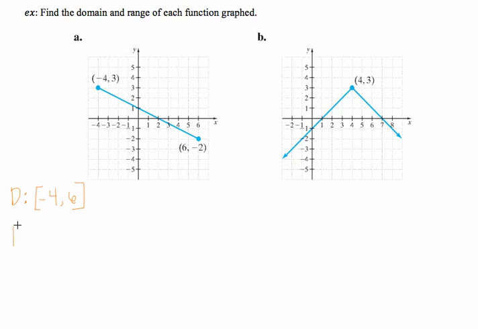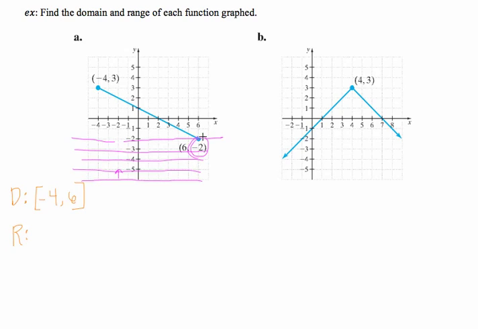And for the range, let's use the capital R to abbreviate range. That's the y values. So you're looking at the lowest and highest y value on the graph. What I'm doing is scanning with my eyes, imagining a horizontal line, and then I move it up. So far I haven't hit any y values in the graph. And then, okay, here I hit my first y value. So the lowest y value is -2.